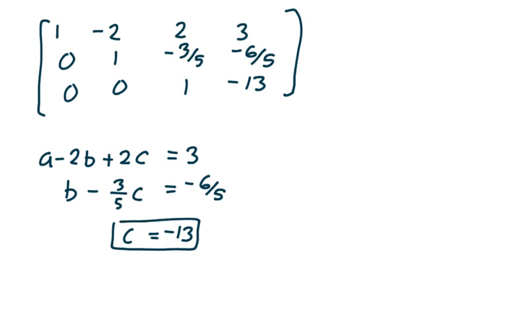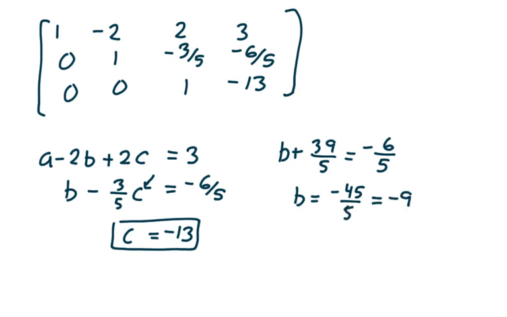By back substitution, I get B minus, or I could say, if you don't mind, B plus 39/5 equals negative 6/5. So what I did was I replaced C with negative 13 in equation 2. And so B is negative 45/5, which is negative 9.